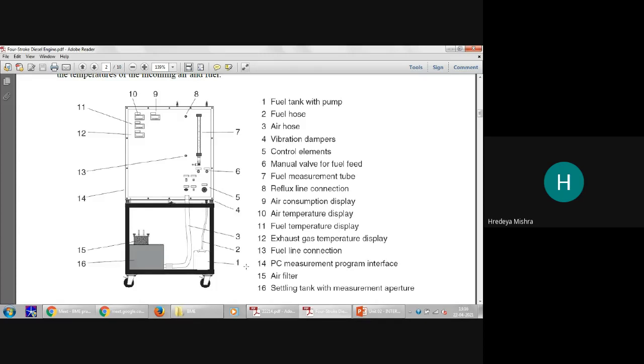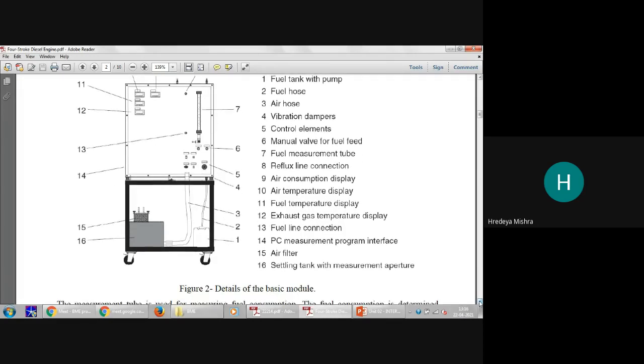And fourteen, PC measurement program interface. The display is shown here. There must be a computer screen, so all the activity is shown here. Fifteen, air filter is there. This is the air filter. And sixteen, settling tank with the adapter. These are the main components for performing the experiment.